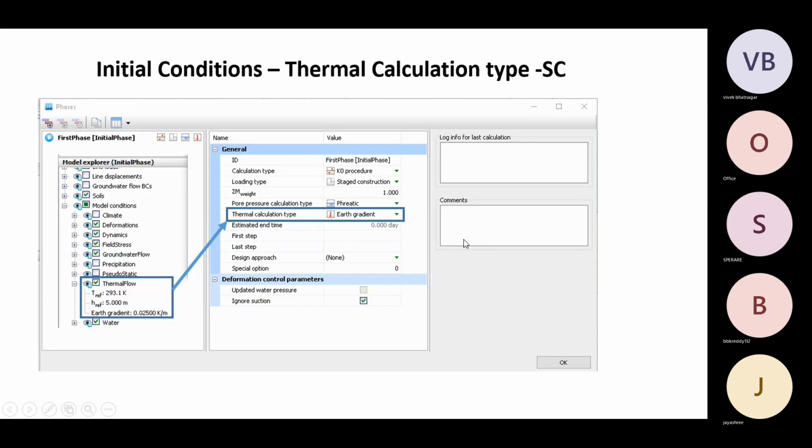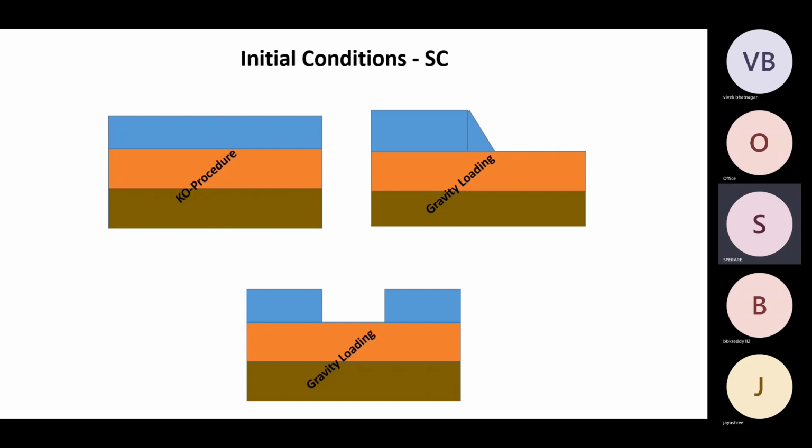In the initial conditions, if you would like to select the K0 procedure, the picture shows that it indicates the soil layers are either a single layer or a continuous soil layer. There should not be any abnormalities on the surface.